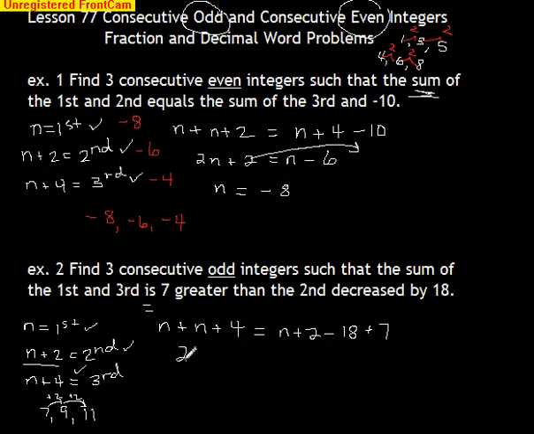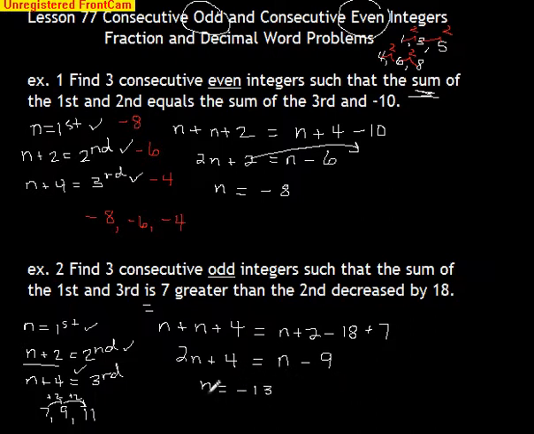We get 2n plus 4 equals n. Look at all these numbers we have to add here. I'm going to add the positive ones: 2 and 7 is 9. Minus 18 will be minus 9. I'm going to subtract an n from both sides, so we get n. And I'm going to subtract the 4 from both sides, so we get minus 13.